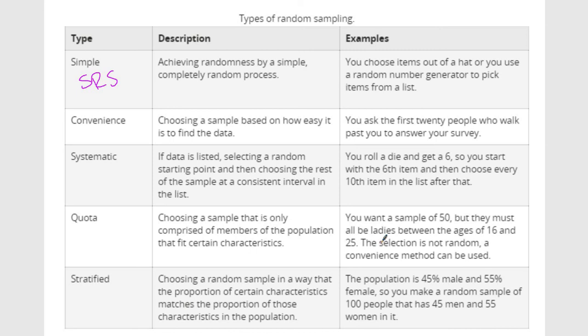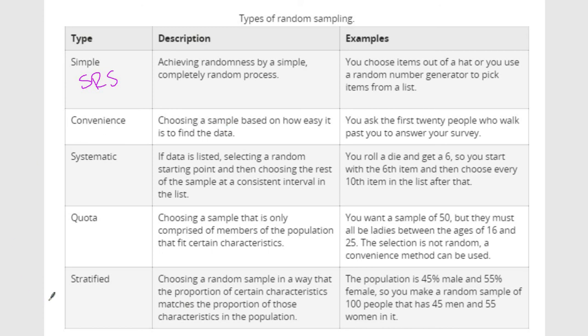Then I'm going to just get a sample of ladies between 16 and 25 because that's my target demographic. I want to target specifically women. It's not a random selection. So you can use a convenience method so you can just get your target demographic. That's more when you would use a convenience sample. Hoping this is making sense.